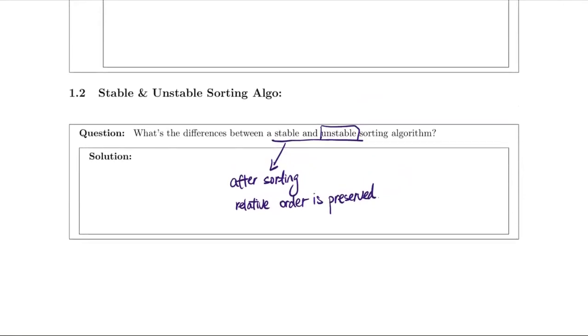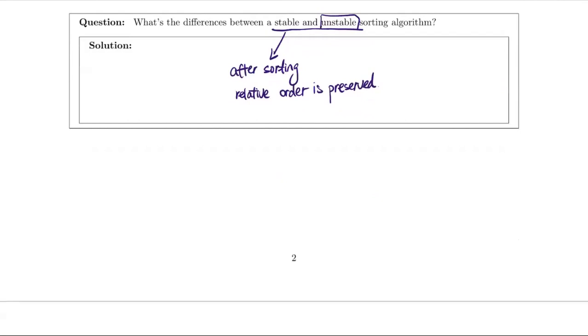What do you mean by relative order is preserved? For example, I have an array 1, 1, 1, 2, 3, 4. Okay, and then let's not use this. It's 1, 3, 1, 2, 4, 1. So I have 3 ones here, right? The first one I mark as blue, the second one I mark as purple, the third one I mark as orange.